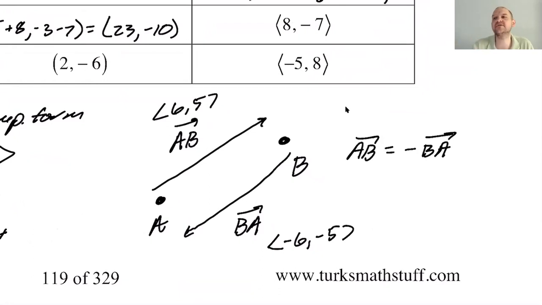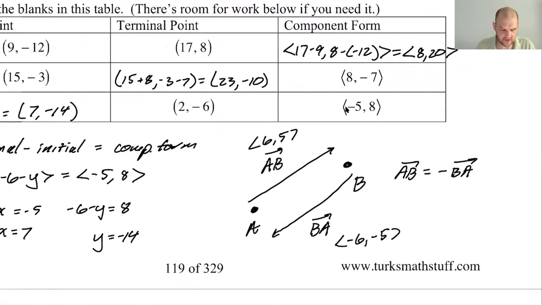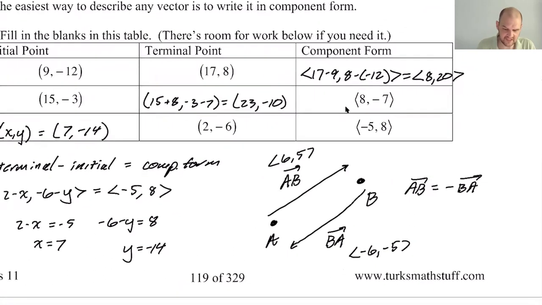In every sense of what negative means, this makes sense. If you do AB plus BA, you would go from A to B, and then from B to A, you would end up back where you started, like nothing happened. You'd basically get 0.